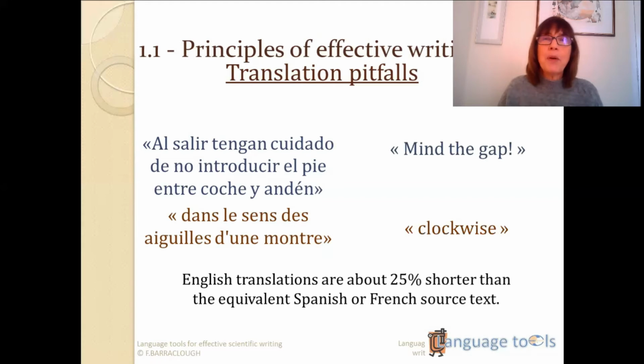But it's just to point out that these differences do exist and they can be considerable, and therefore we have to try to set aside our own language and move into the other language and try to adopt the norms, okay?